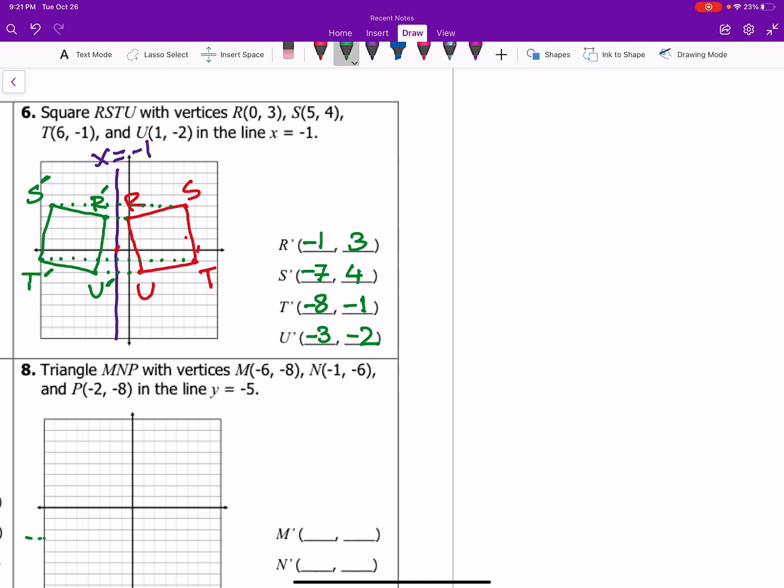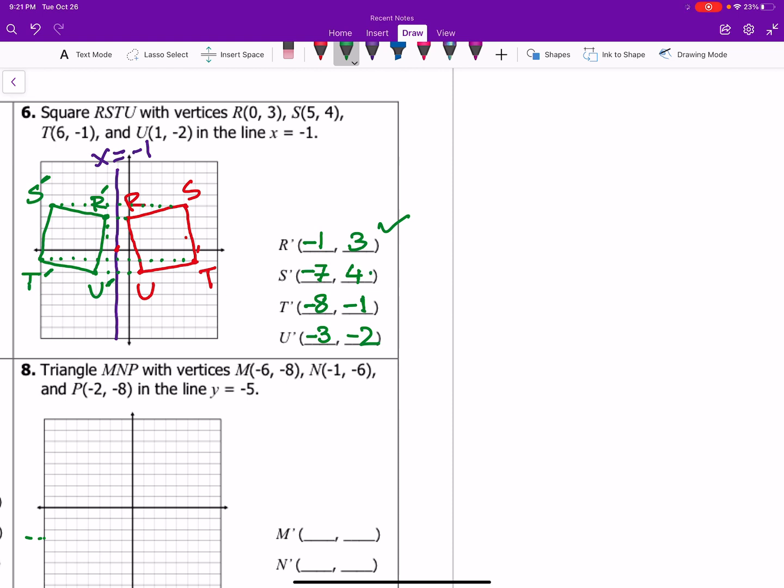And then we write down the coordinates. R prime is here: negative 1 for x, negative 1 for y. Counting from this, x is 1, 2, 3, so that's 3. Likewise, we can count S prime as negative 7 and 4.